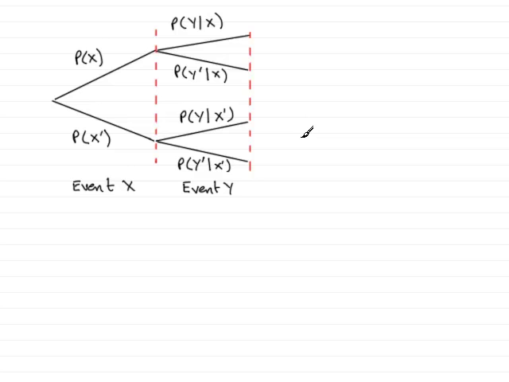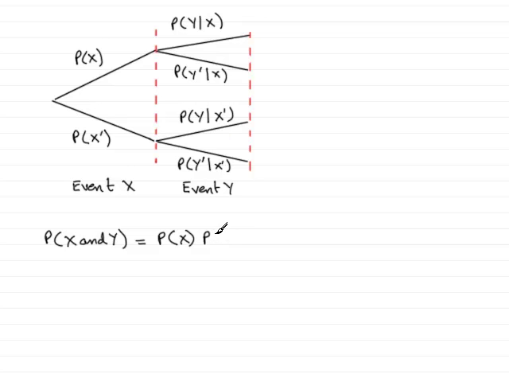Now the reason for doing this is that suppose we wanted to work out, for instance, the probability of X and Y happening. That would be to take this branch through here and to multiply this probability with this probability. So if I wanted the probability of X and Y to happen, then this would be the probability of X going along here multiplied by the probability of Y given that X has occurred.